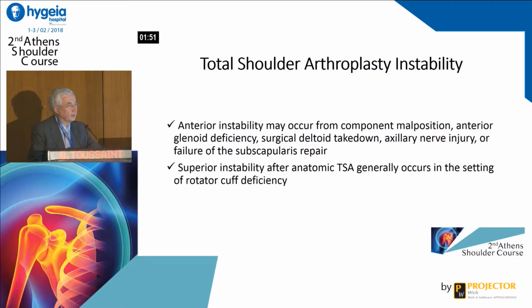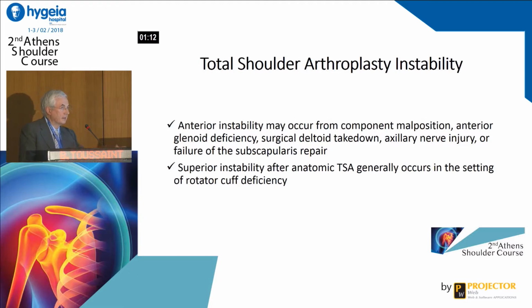And it's very important, and Enrico showed us very well, to dissect the subscapularis well and to repair it very nicely to have the best effect, of course. But if you have overstuffing of the glenoid or the humeral head, you very easily create insufficiency of the subscapularis muscle and tendon.